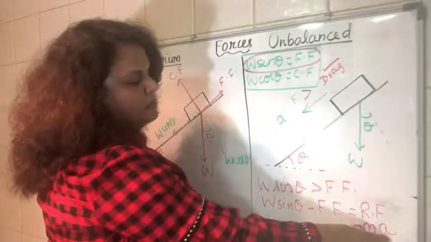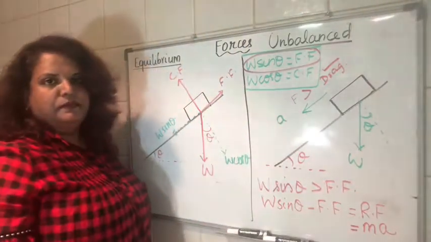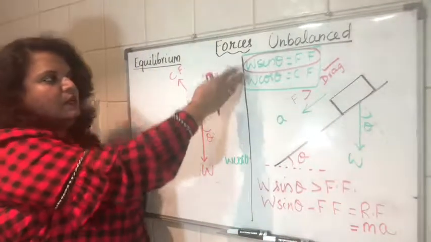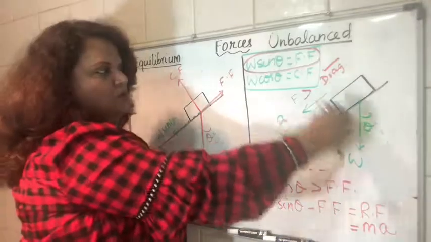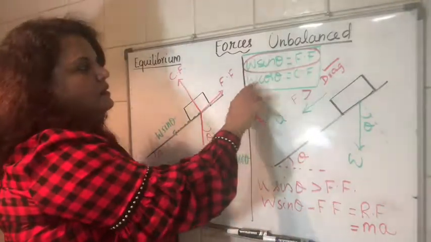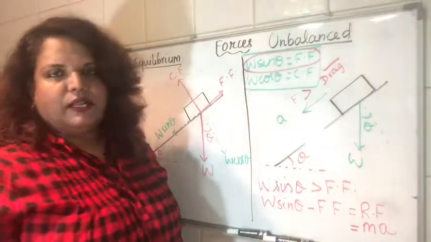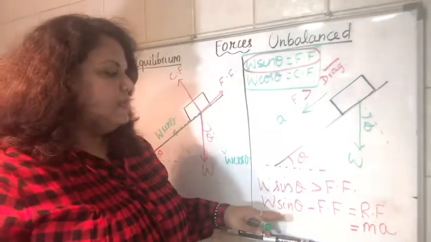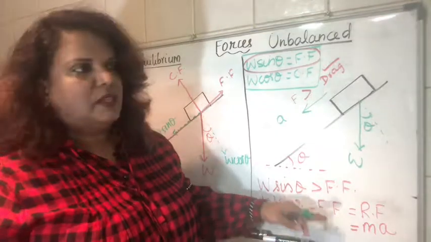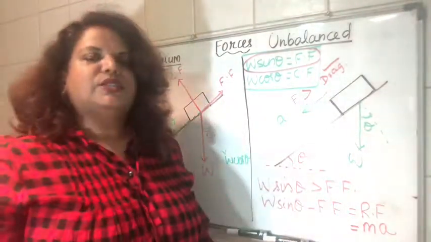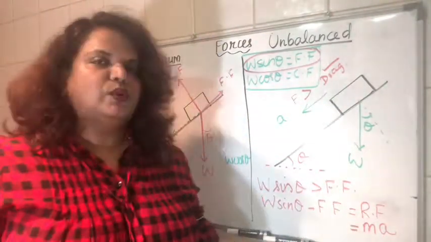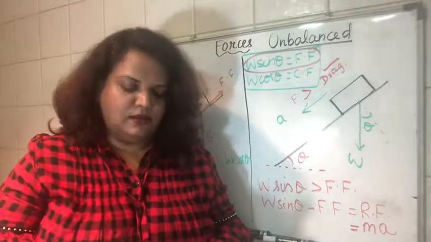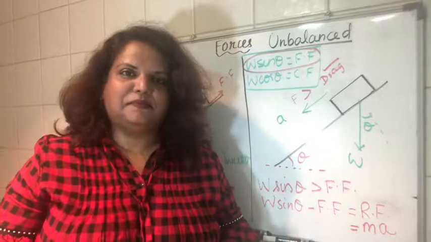So here the equation is slightly different, but here you get these two equations. As I said, there is no vertical movement. W cos theta will still be the contact force, but you can connect the acceleration of the object with the sine component and frictional force. Once you get these equations correct, after this it's only substitution, and as I said, you have to use your math skills.